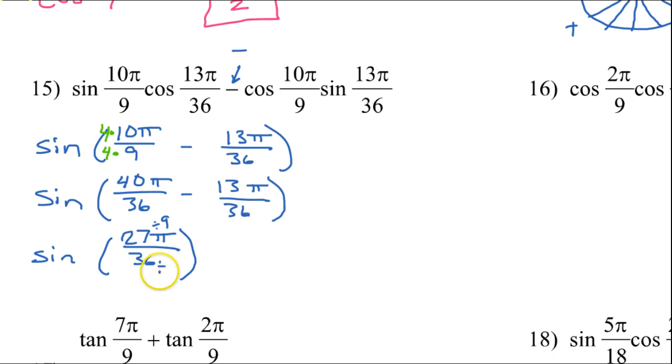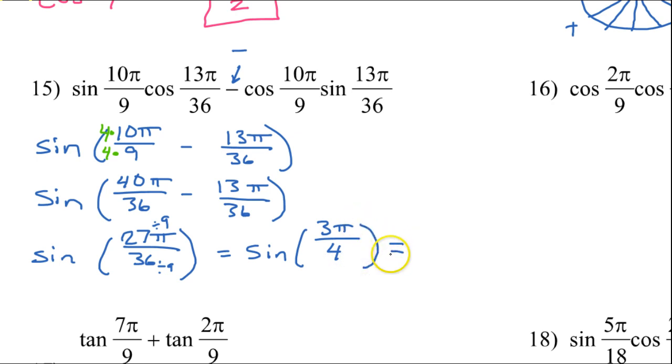So I'm going to go ahead and divide both of these by 9. So that's going to give me sine of 3 pi over 4. Sine of 3 pi over 4.